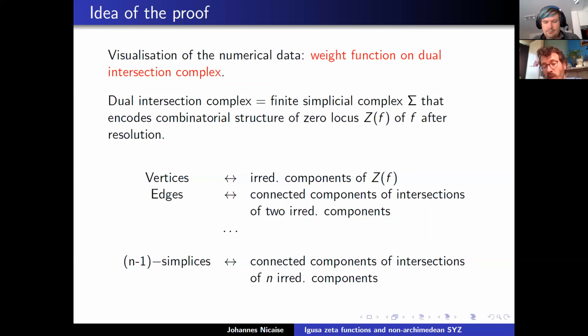The n-1 simplices correspond to connected components of intersections of n irreducible components. We don't have anything in higher dimension because by definition of a strict normal crossings divisor, the number of components intersecting in a point can never be larger than the number of variables, the dimension of the ambient space. So the maximal dimension of sigma is n-1.